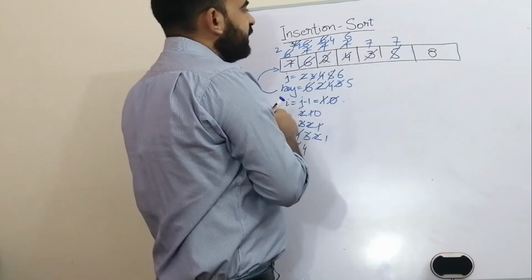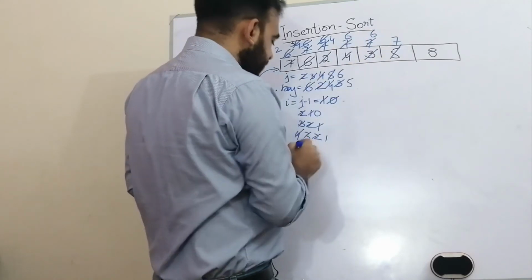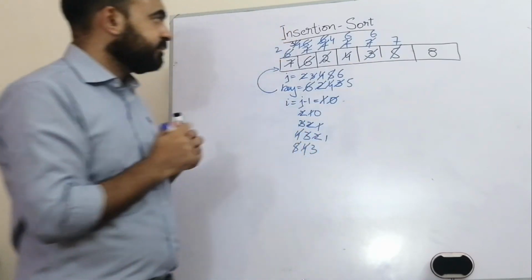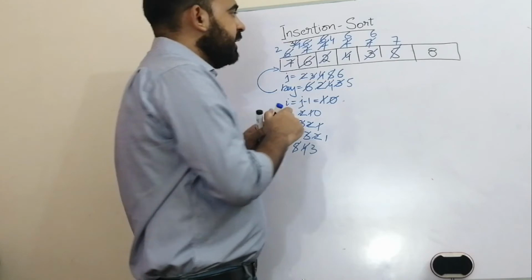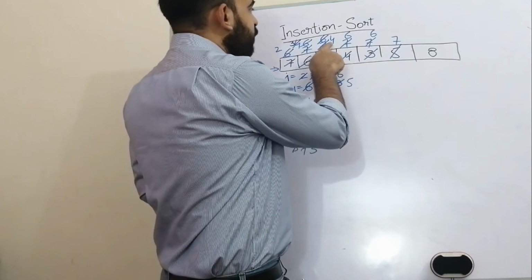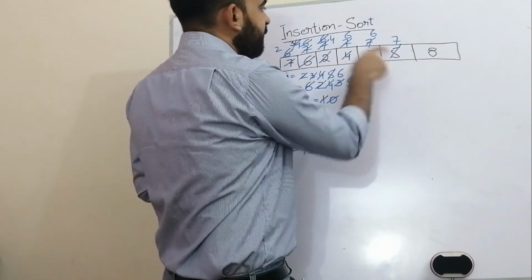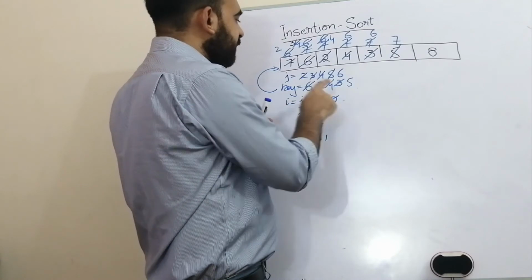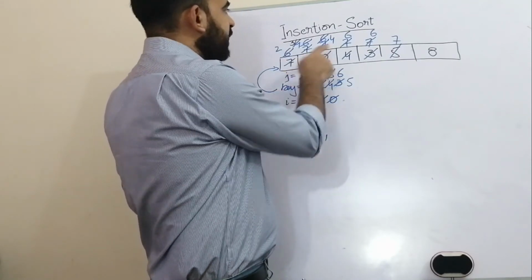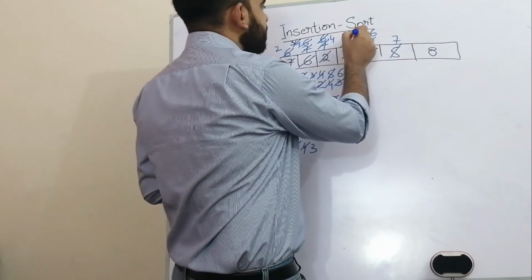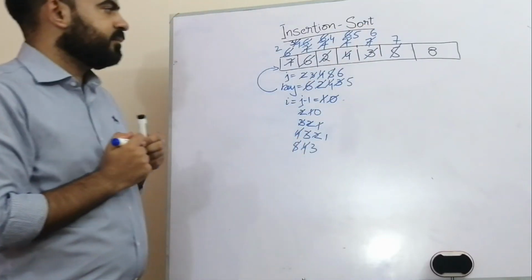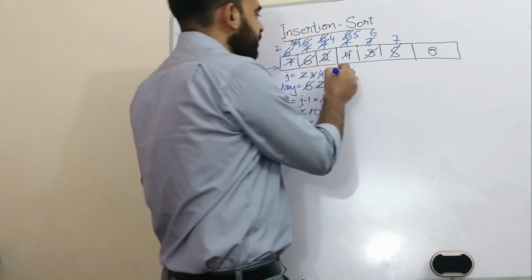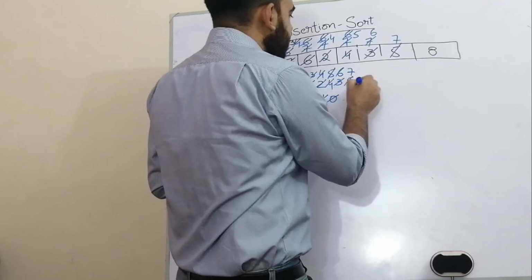So 6 is also greater than 5, so 6 will move here. i will be decremented. Then 4 is not greater than 5. So we will copy the key to its correct position, which is this. j will be incremented to 7 and our key will become 8.